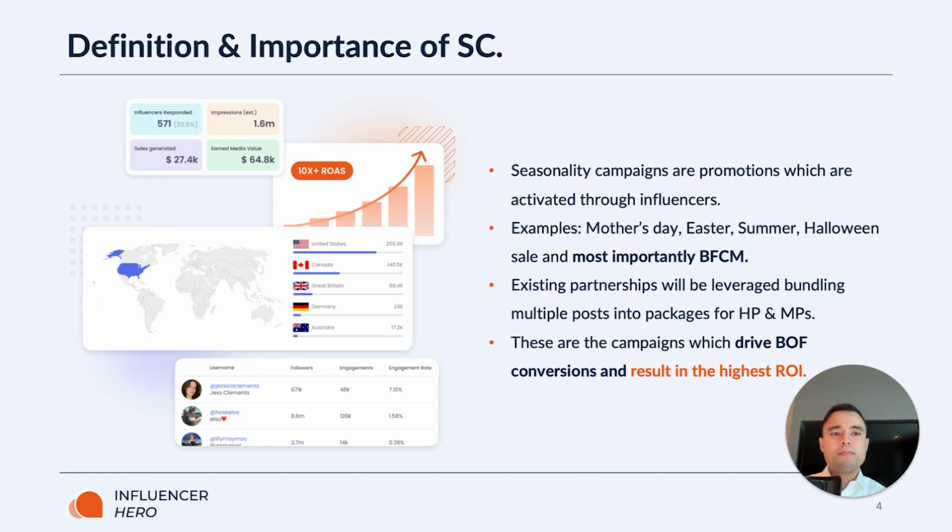So seasonal campaigns are promotions which are activated through influencers, right? What is important here is that I mentioned the word promotion, because what we typically do is we combine the campaign with a special offer. And we do this because of a specific reason, right? We want to give our prospective customers a reason to buy.